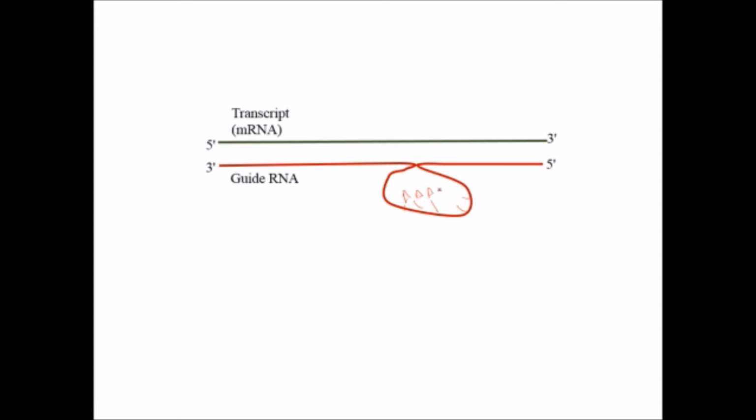I have told you that gRNA guides the deletion or addition of uracil. So what happens? This gets looked out because this strand is lacking the U here. So to fulfill this, what will the guide RNA do? It will first cut out the transcribed messenger RNA from here using some endonuclease.